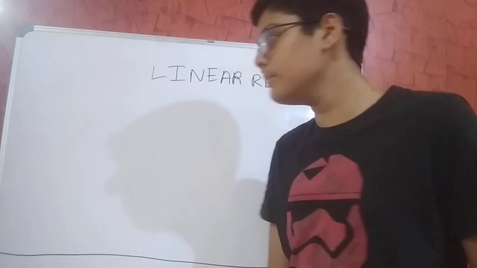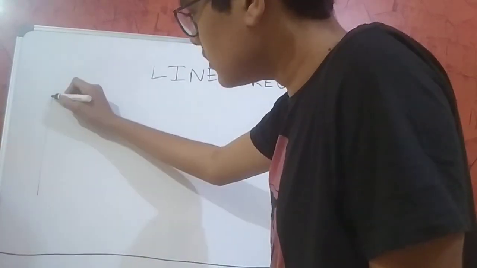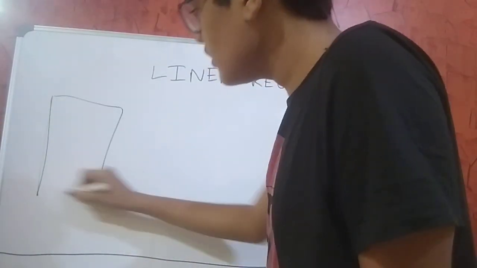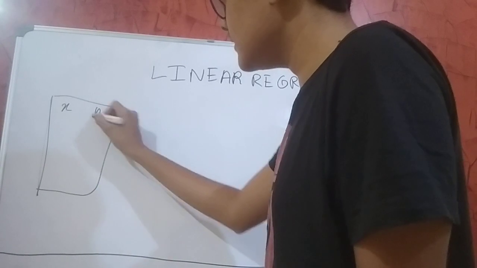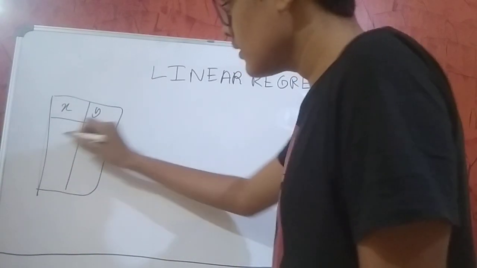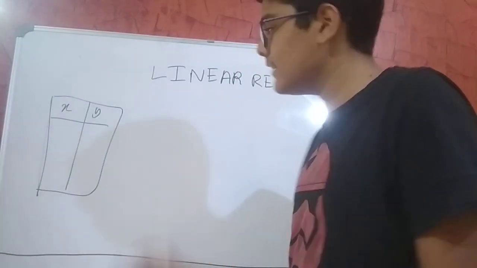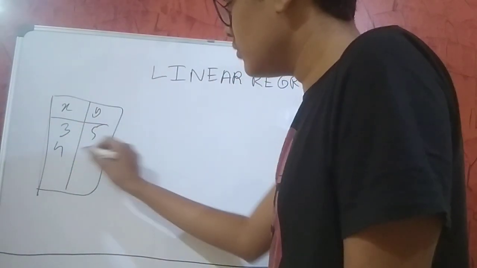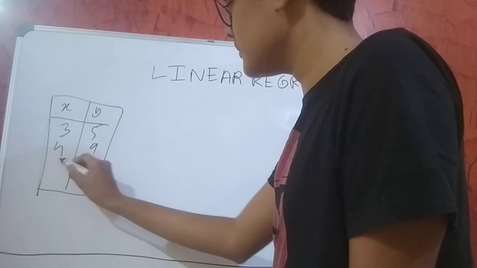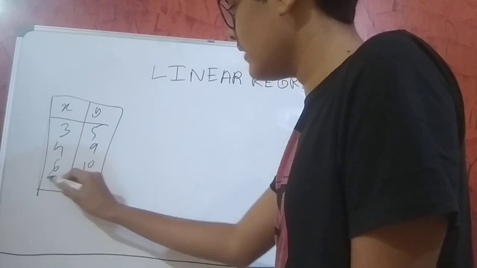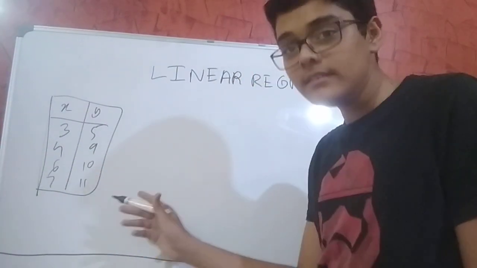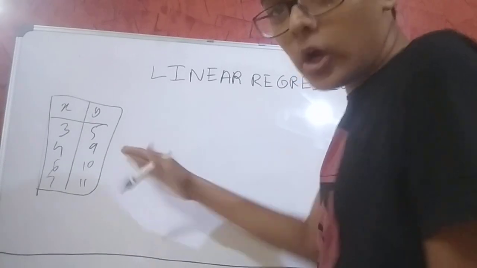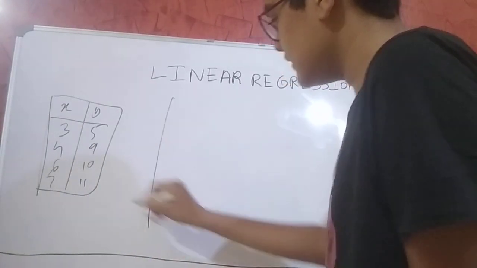So to give you an example, let's say we have a bunch of x and y values. Okay, so let's say x is 5, 3, 5, 4, 9, probably 6, 10, 7, 11, something like this. So now if you plot these points, they're going to look like this.